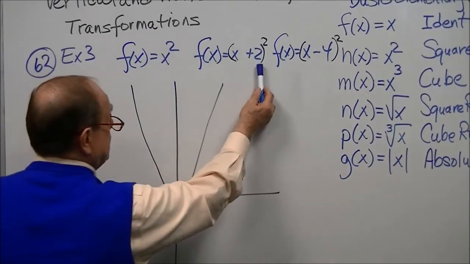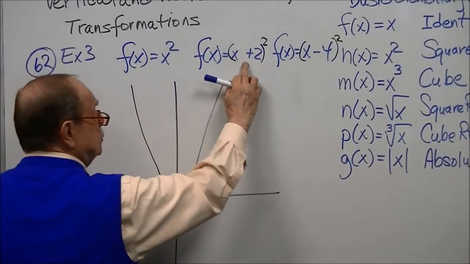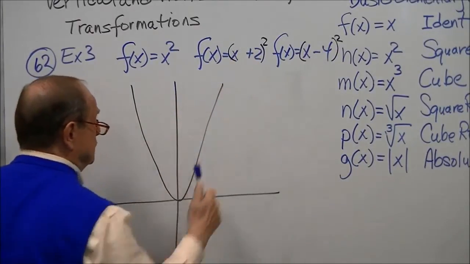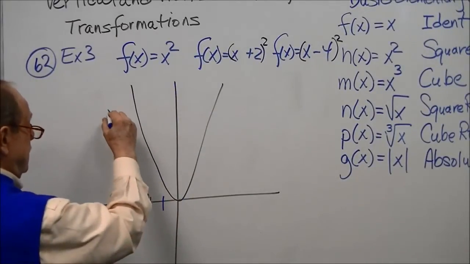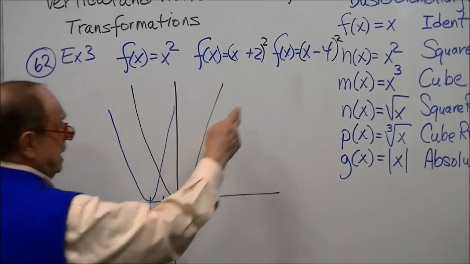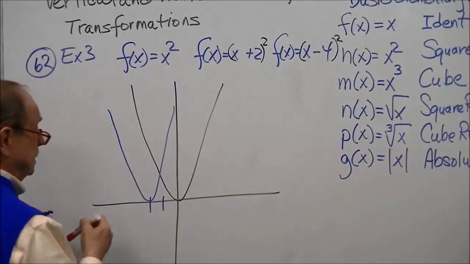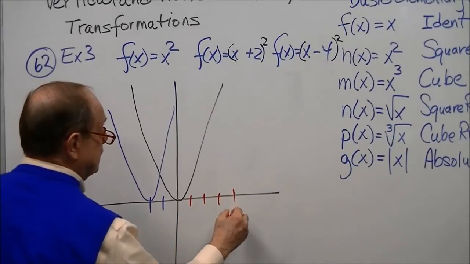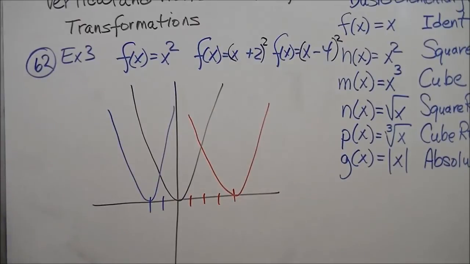But here, we're going to shift this horizontally 2 units to the left, so a -2. And a -4, we're going to shift 4 units to the right. And there we have it.